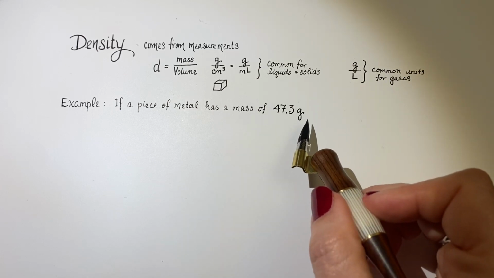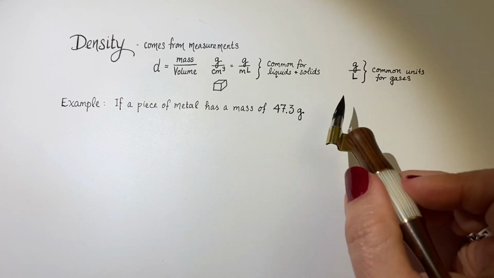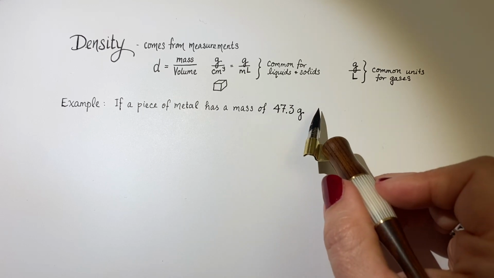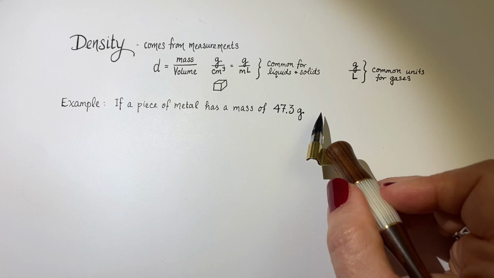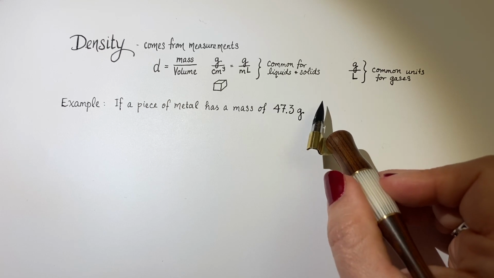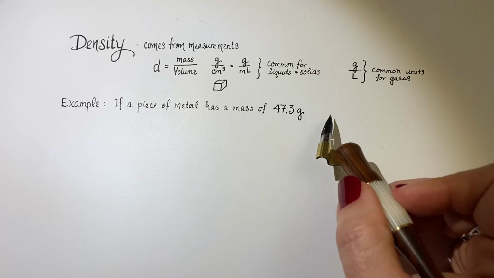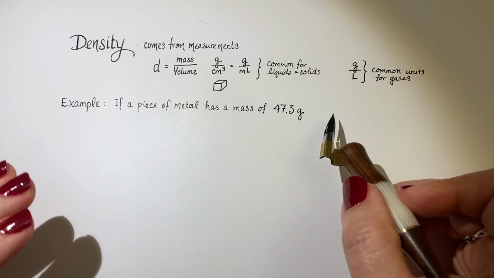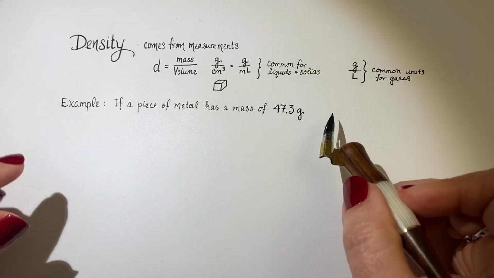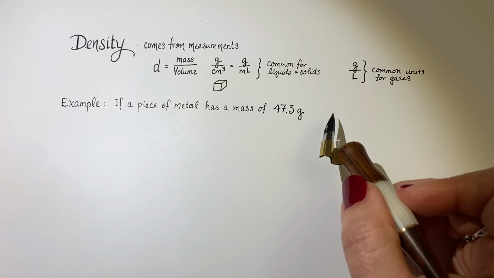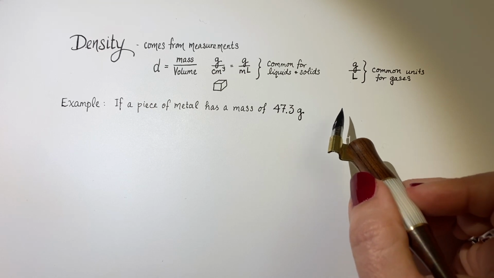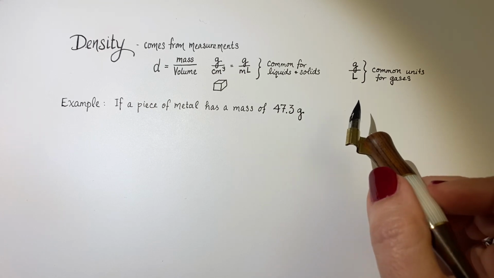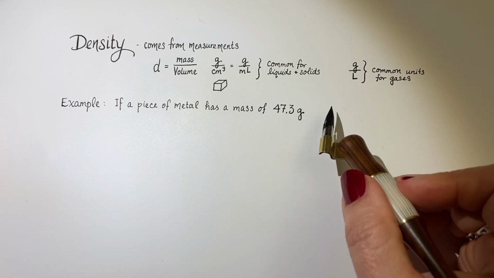And then we take that piece and we measure the volume of it. A really common way is you put something into water and you see how much the level of the water goes up in the test tube you have, or something where you can actually measure it, such as a graduated cylinder.